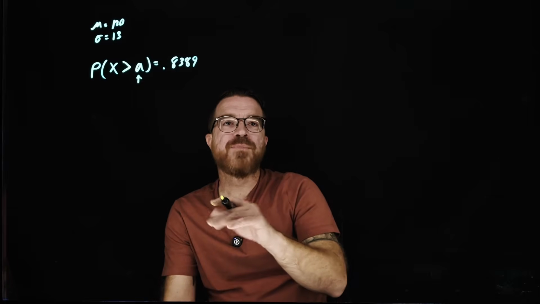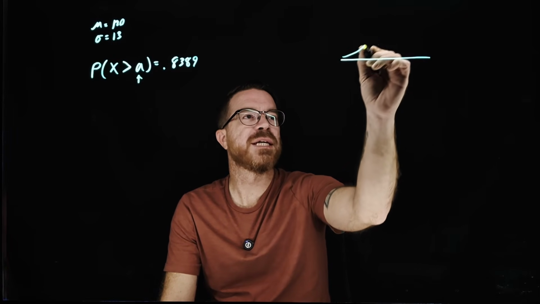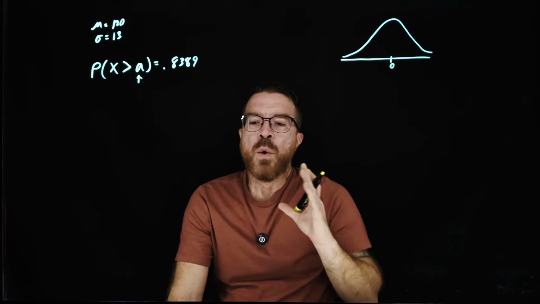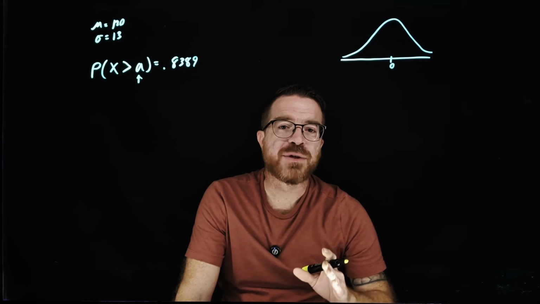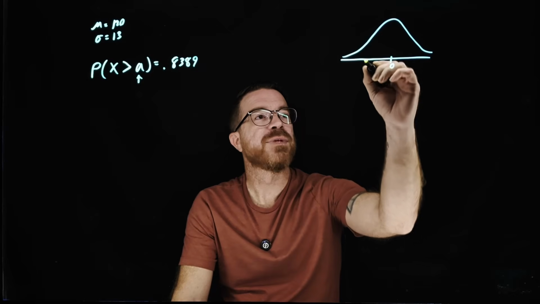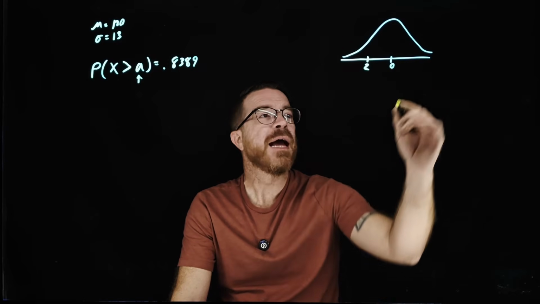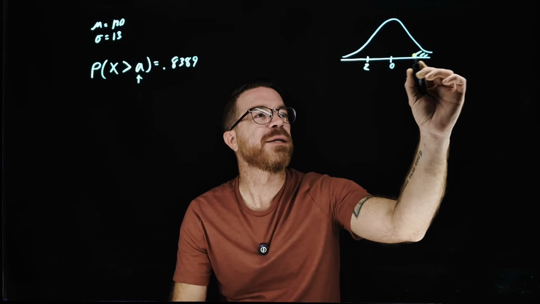So the first thing we need to do is graph our normal distribution. Let's figure out where the Z is going to be. So if I'm on the standard normal, where would my Z value need to be so that 83.89% is above, right? And so this means that my Z value would have to be somewhere down here on the left. This is because I have greater than, so it's sort of like I'm filling it from the right.